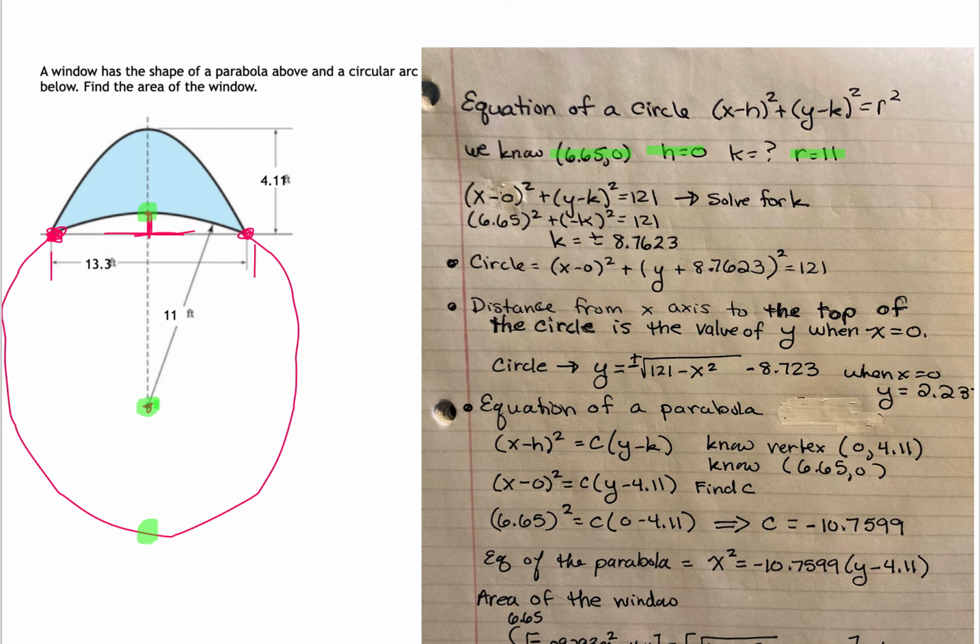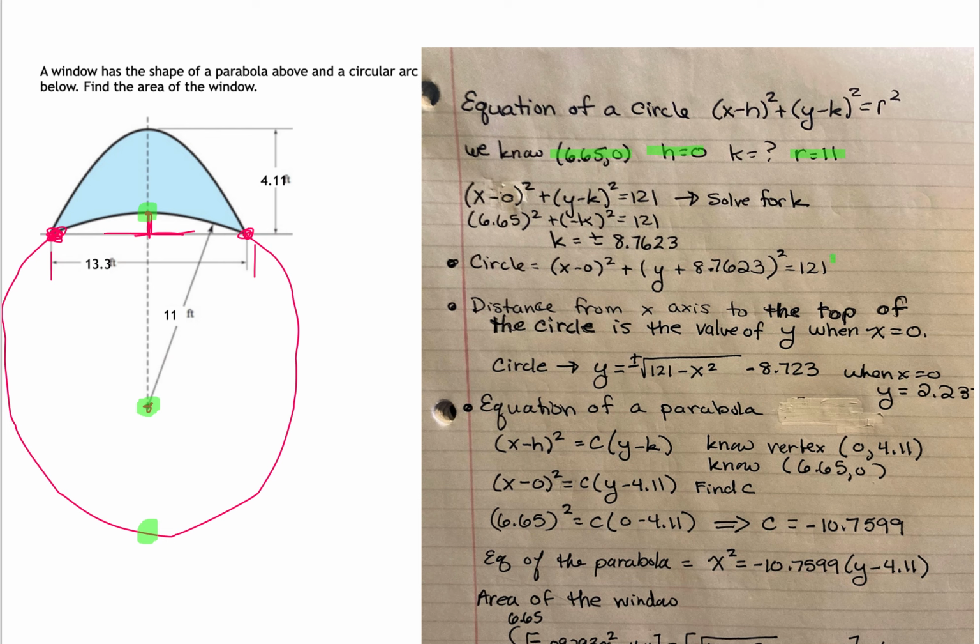So I need to make sure that I'm looking at the negative value of this because of where my center is located. My center is located below the x-axis, so I know my k should be negative.